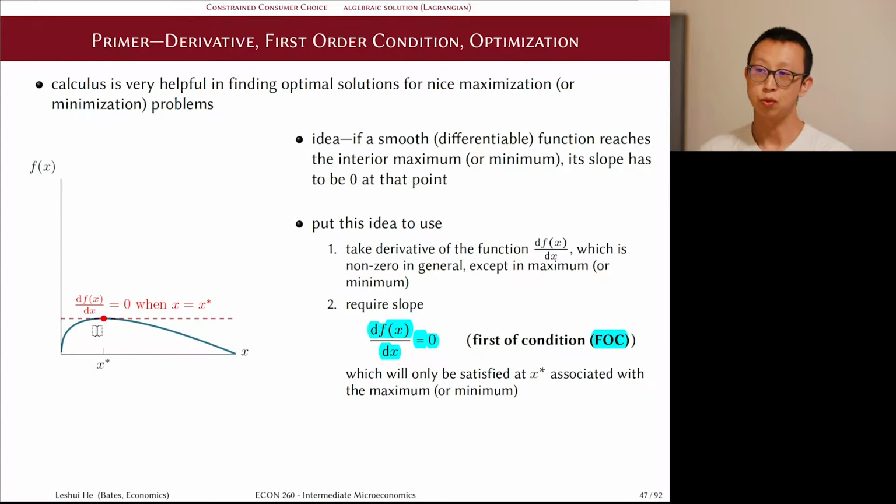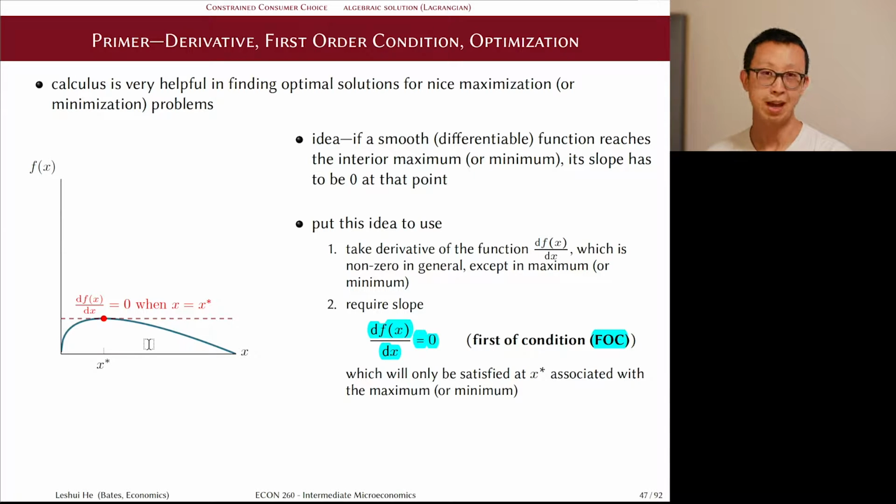So we can just take a derivative of f of x with respect to x, which is usually a function of x as well, because you can see the derivative is constantly changing as the value of x changes. But on top of that, we already know that the function doesn't have a maximum or a minimum anywhere else. So if we force the derivative to be 0, there are only very few limited points that will satisfy that condition, and that will point us towards the minimum or the maximum.